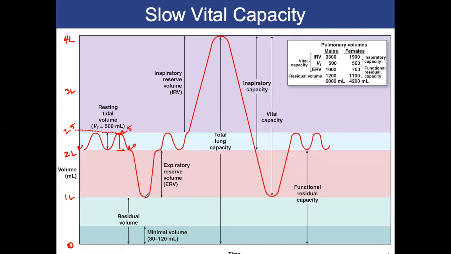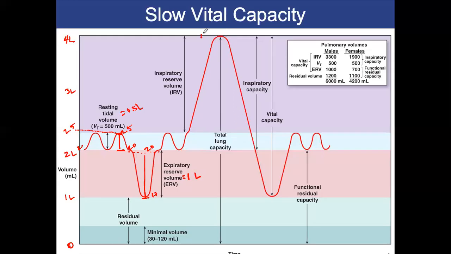Expiratory reserve, which one is that? So expiratory reserve is the bottom of this waveform minus the bottom of your expiratory reserve. So it would be 2 liters minus 1 liter, which would give you 1 liter. What's your inspiratory reserve?